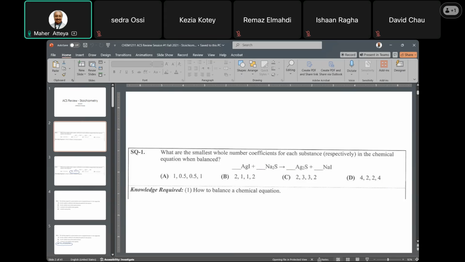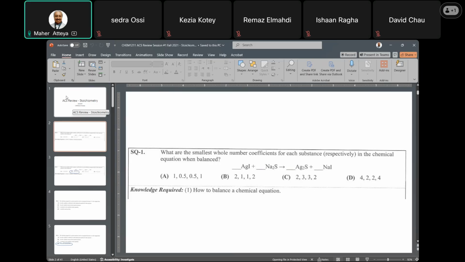That's correct. And how is the ratio? Which one is correct? The coefficient ratio, the mole ratio. What do we have to put? You have 4. And which one is correct?